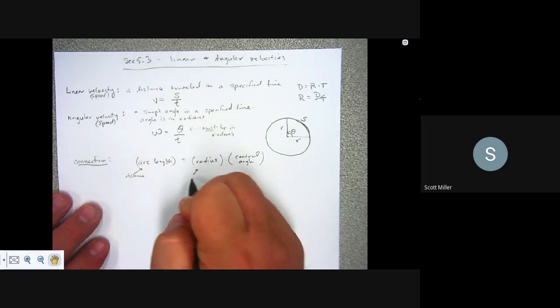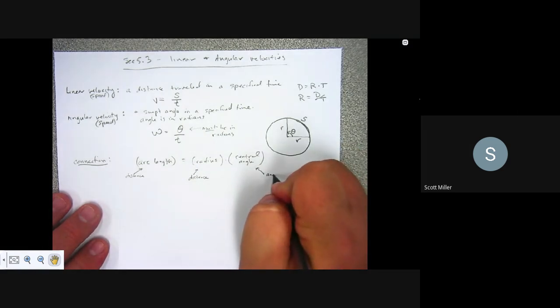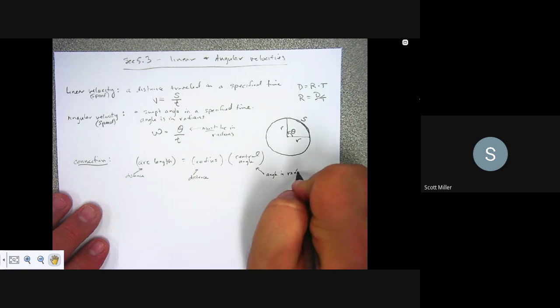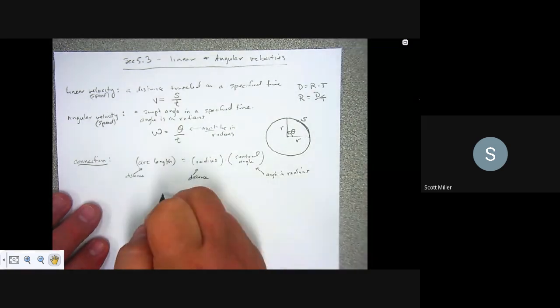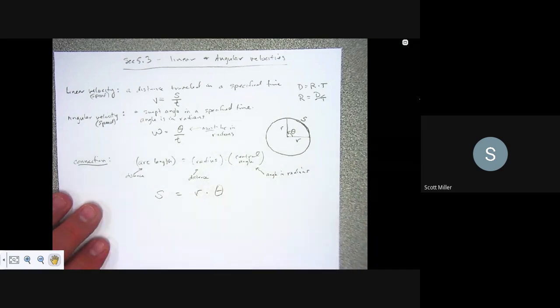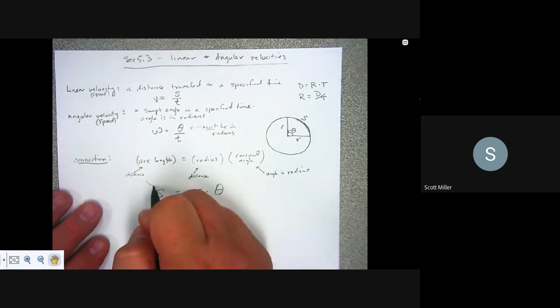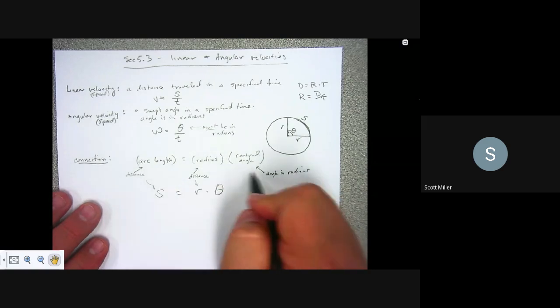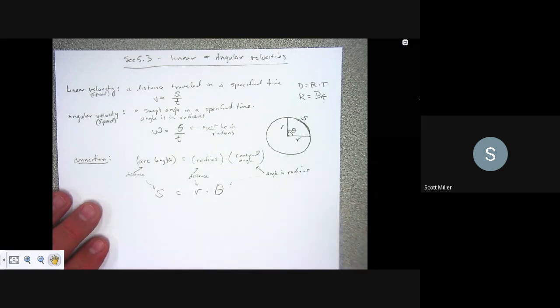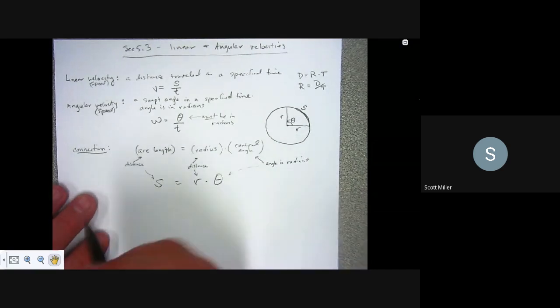This is a distance. This is an angle in radians. And we had this formula that we learned from before. S equals R times theta. Okay? That is a distance. That is a distance. And this is an angle in radians.